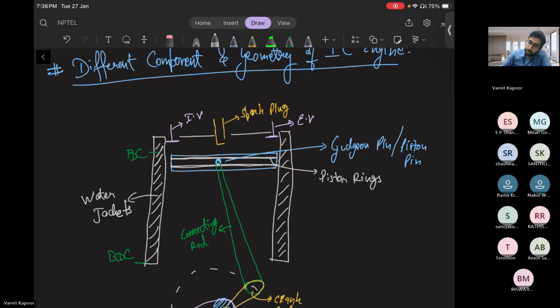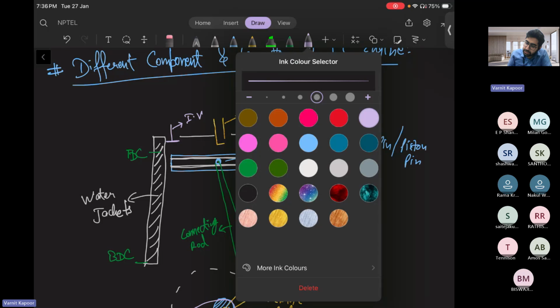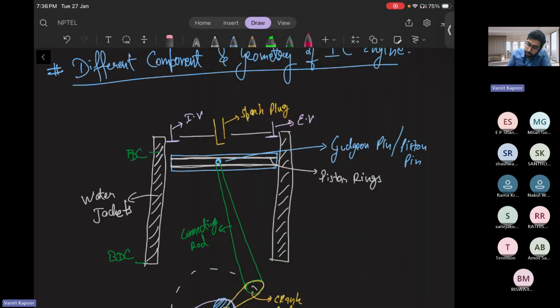Because if they take some deformed shape, then the air fuel mixture, which was coming in the suction stroke, will go directly below the piston head, inside the cylinder, which you don't want. You want the whole air fuel mixture during the suction stroke to be above the head of the piston. Otherwise, it will not ignite during the compression stroke.